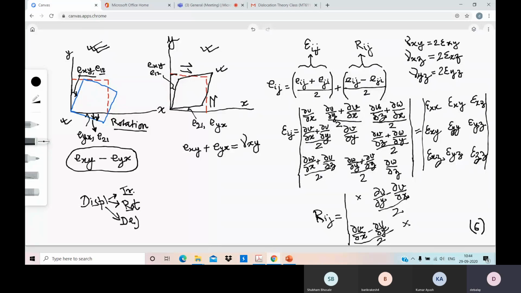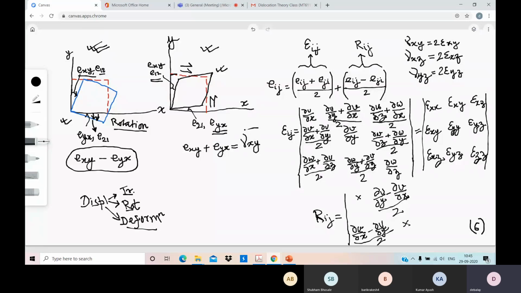So far I was using the word relative displacement, which comprises three possibilities: translation, rotation, and deformation. So this is an example of deformation. And in deformation, you will find you are getting one component that is Exy, you are getting another component Eyx, and both are positive.